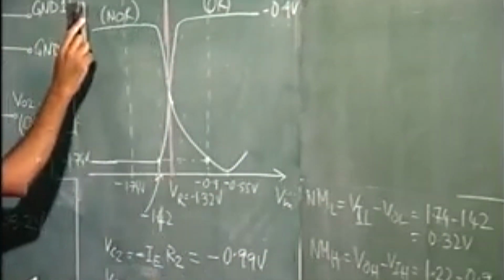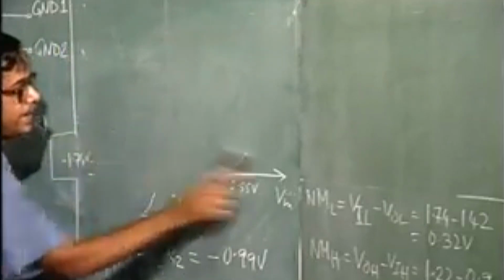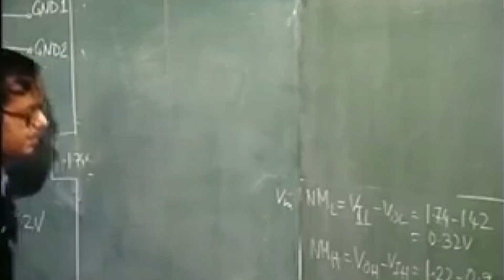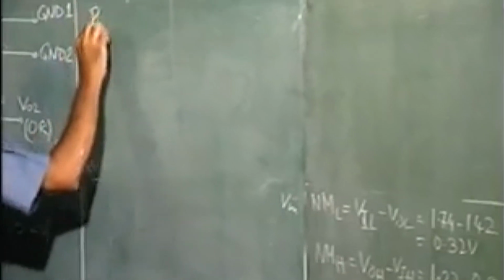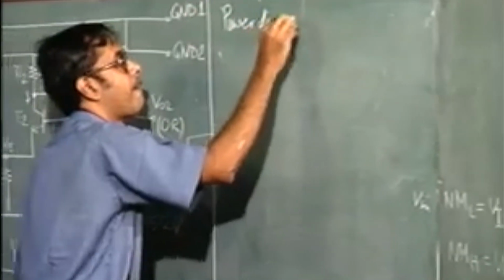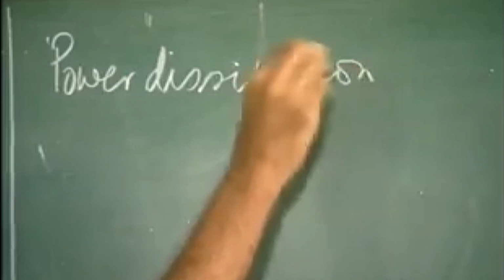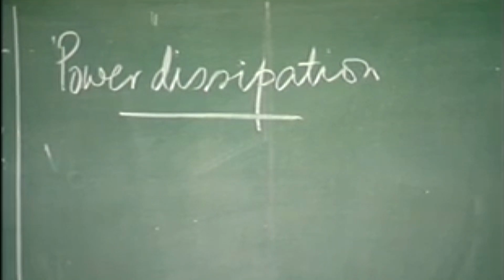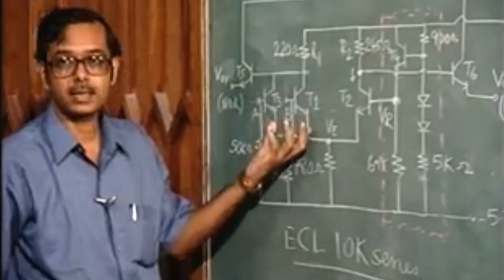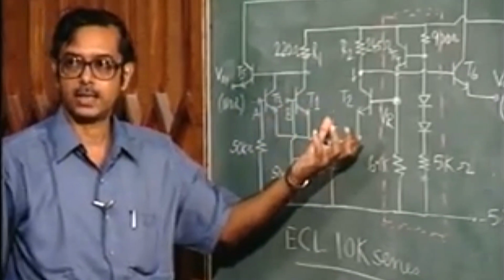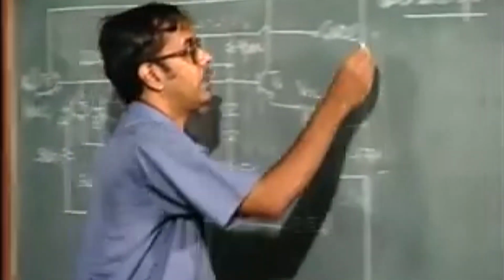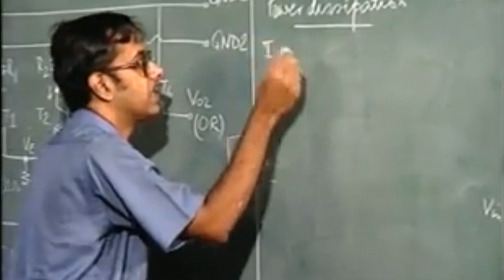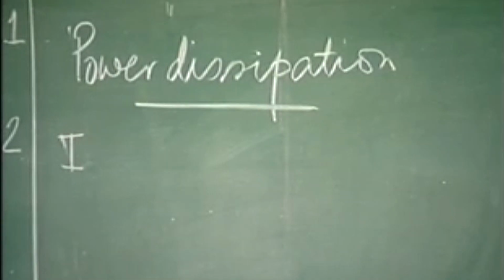We have seen that in the two states, that is, one state when the left branch is conducting and the other state when the right hand branch is conducting, the values of the currents, in one case current was 4.02 milliamperes and the other case it was 4.56 milliamperes.